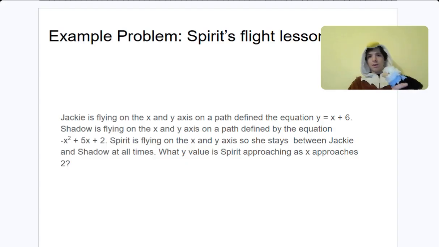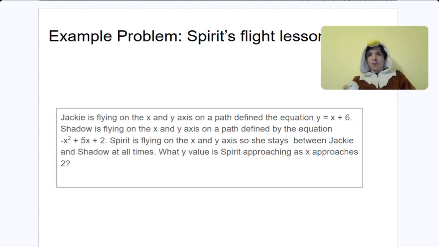Well, let's think about this. So Jackie is going to be flying like that. And as you get closer and closer to 2 with x plus 6, it's getting closer to 2 plus 6, which is 8. So you can do direct substitution there. And then negative x squared plus 5x minus 2, that's negative 4 plus 10 minus 2, that's also going to be 8.